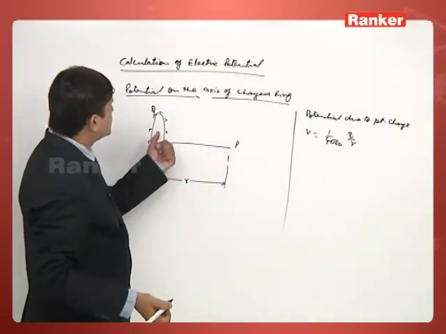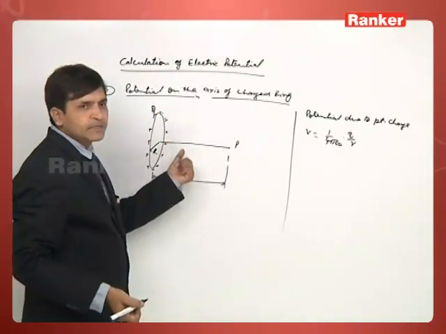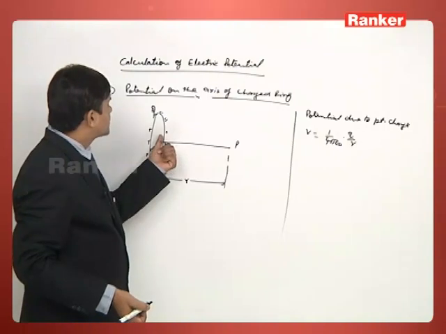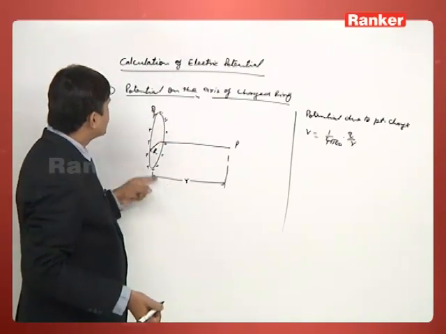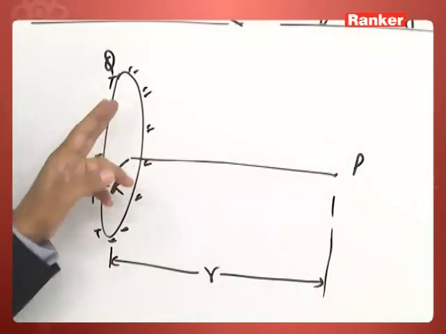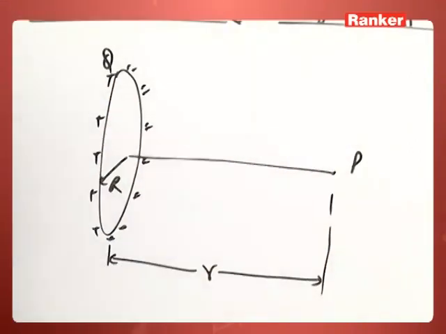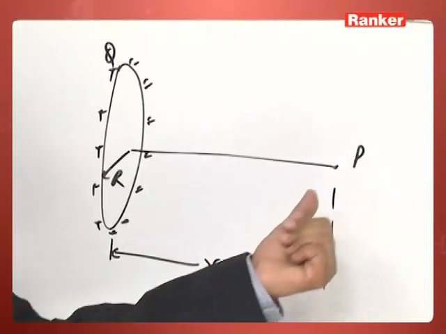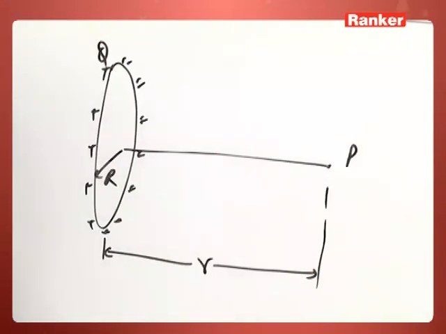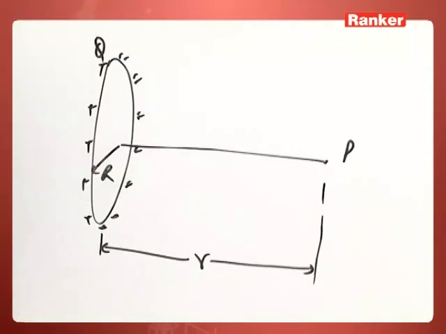Here this ring can be taken as a number of point charges kept on the circumference of the ring, and then we can apply the principle of superposition by simple algebraic superposition, because potential is a scalar quantity.